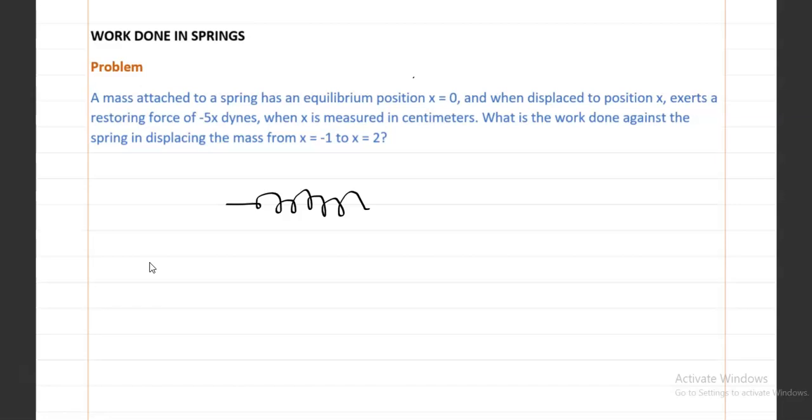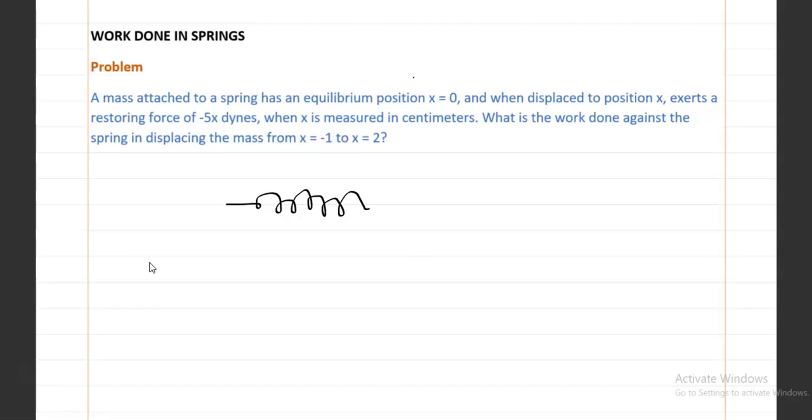So when a spring is stretched or compressed, it wants to go back to its original position. That force that tries to take it back to its original position is called the restoring force, and it usually has a negative sign because it is working against the stretching force or the compressing force, whichever the case may be.